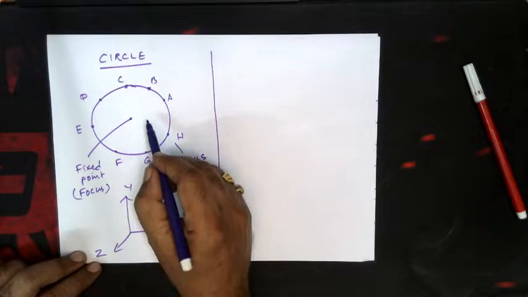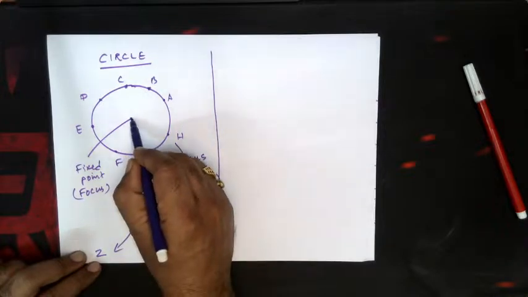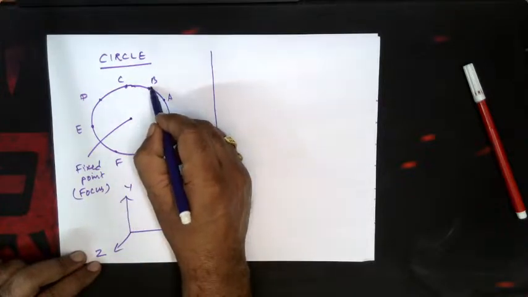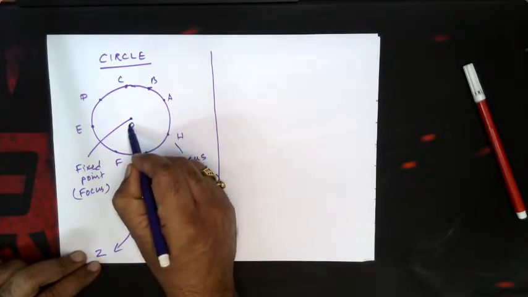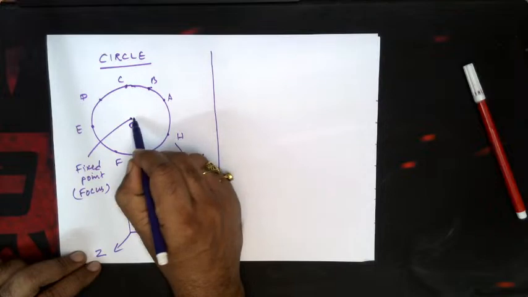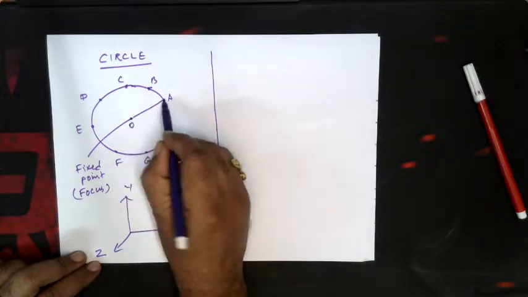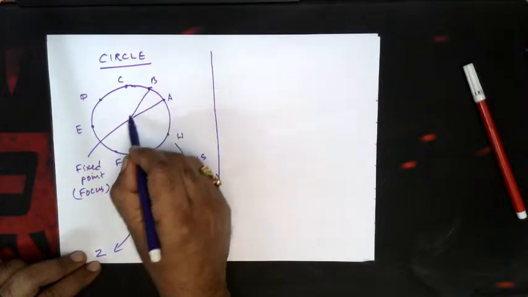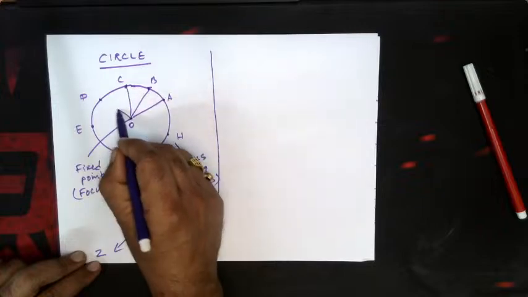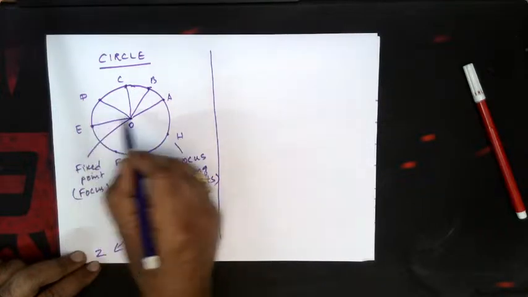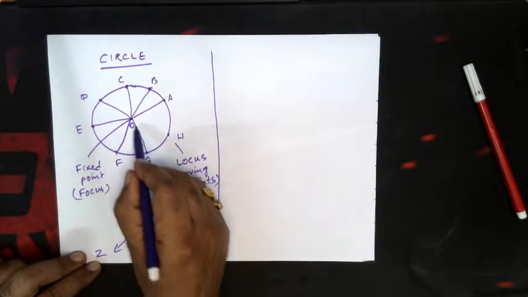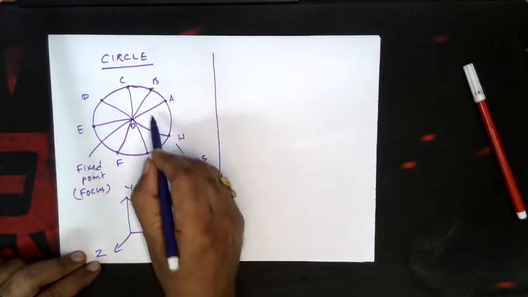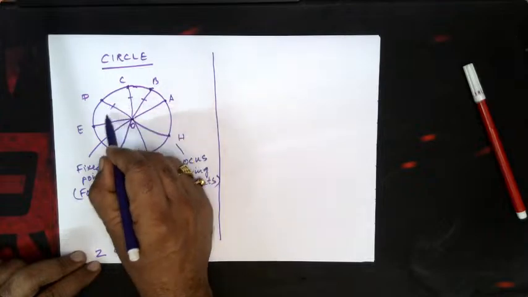In fact, this fixed point and moving points, let us connect. This is the center point, fixed point O, and A, OB, OC, OD, OE, OF, OG, OH, all are of equal distance.